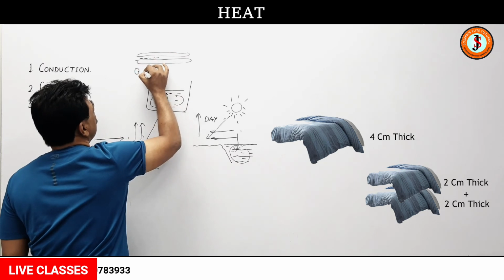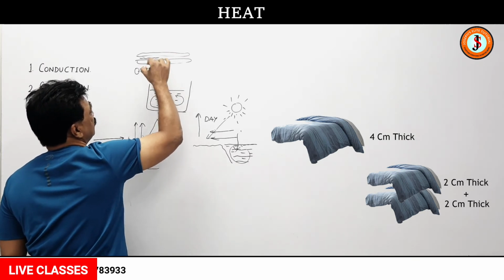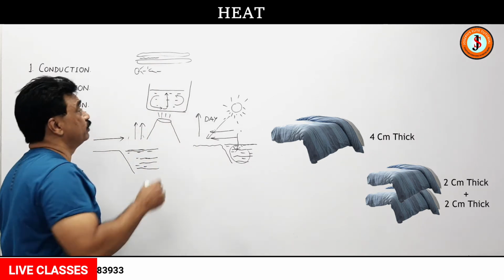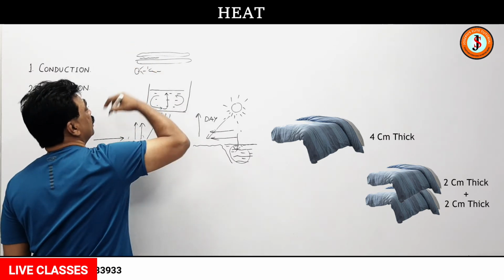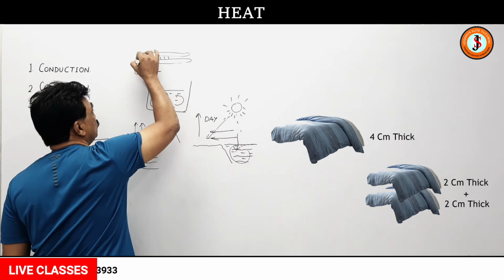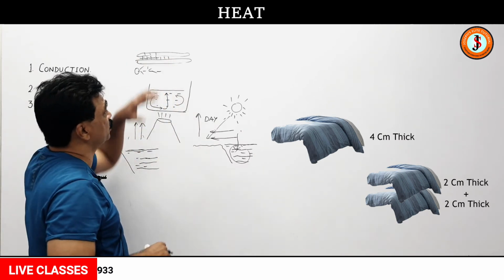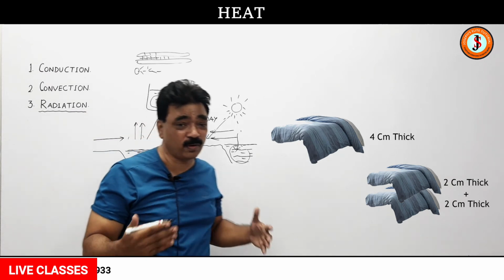So when you are sleeping, your body warmth is radiating out heat. But since this blanket is a poor conductor, air is still a poor conductor, and then another poor conductor, you feel very warm. These blankets are not allowing your body warmth to escape out.